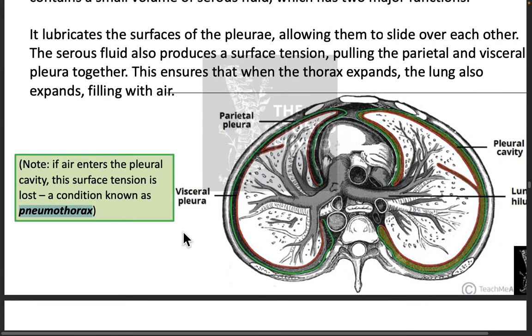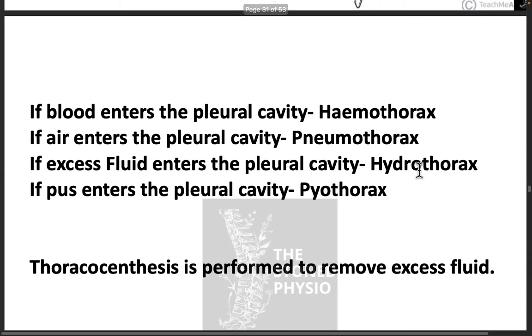Likewise, here we have other terms as well. We saw that if air enters the pleural cavity, we call it pneumothorax. Likewise, if blood enters the pleural cavity, we call it hemothorax. If fluid enters it, we call it hydrothorax.